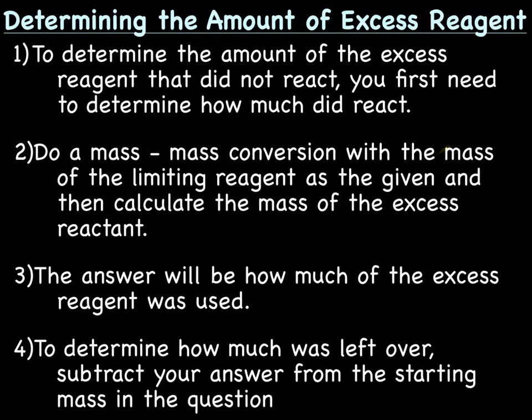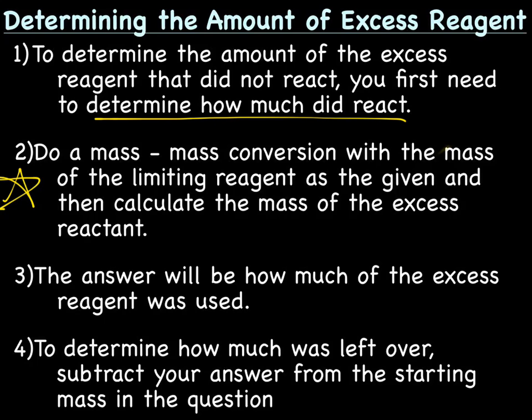Okay. We next need to figure out, how do you determine the amount of excess reagent? Remember, the excess reagent is the reagent or reagents that were not the limiting. Okay, so the extra reactants. To determine the amount of excess reactant that did not react, you first need to determine how much did react. So how do you do that?